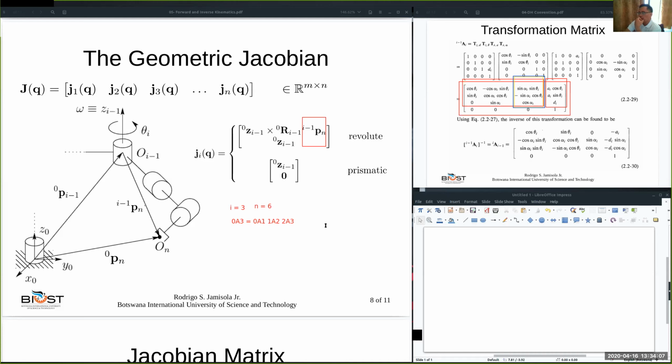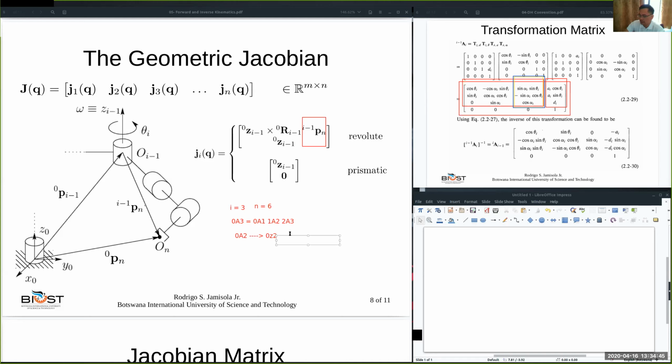And so if i is equal to 3, you need to have 0Z2. You compute 0A2. From there, you can compute your 0Z2. Okay, now you're done with that part. Then what about the 0R2?